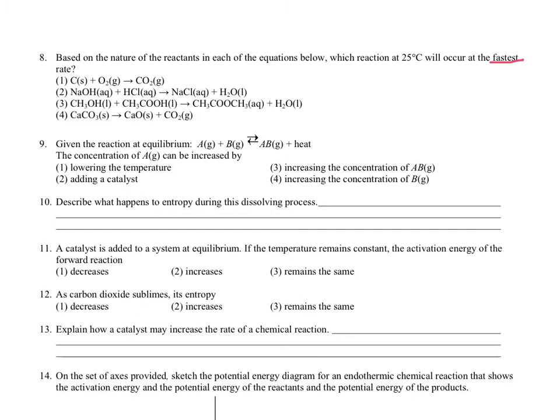And solid reactants react slower than liquid and aqueous, which react slower than gaseous. So let's look and see what we have here. So first, let's recall that ionic compounds contain metal and nonmetal, while covalent compounds tend to contain all nonmetals.